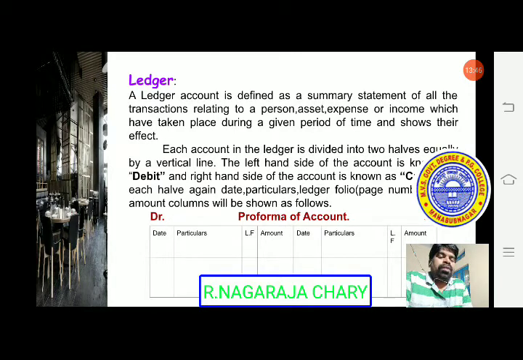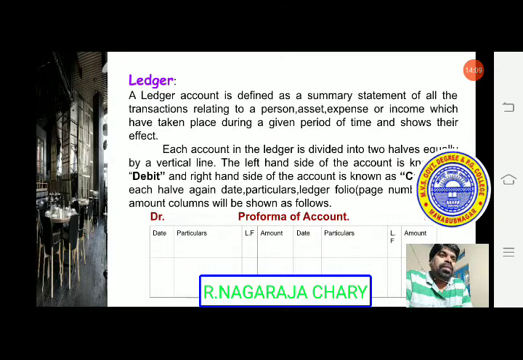So the ledger is a statement, a summary of accounts. Earlier in the journal, whatever transactions are done are recorded one by one, but each and every aspect is to be posted into the ledger.